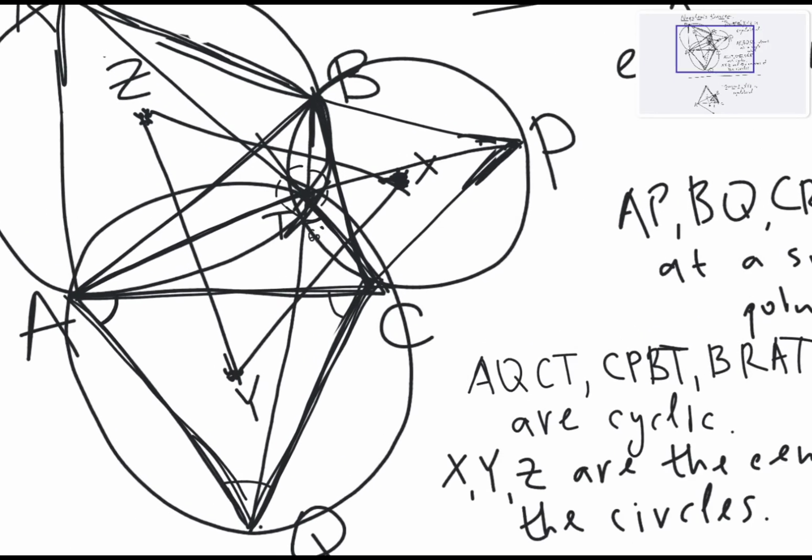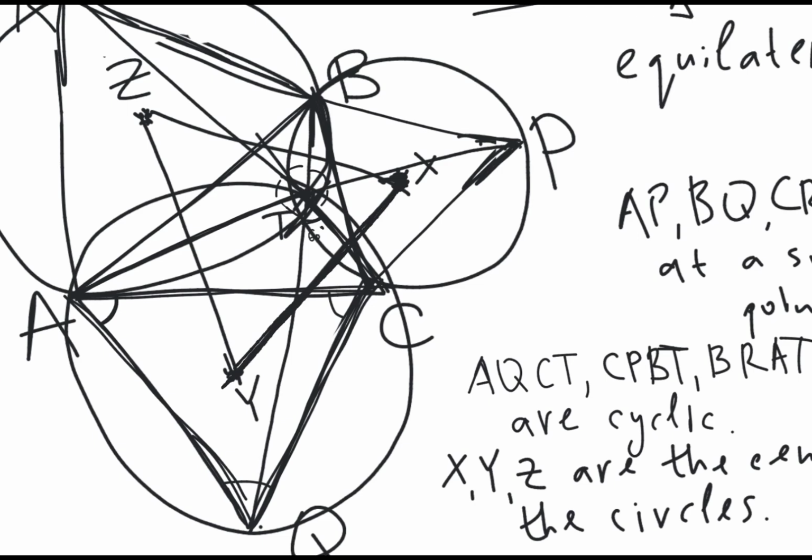Okay, and now since these are the centers, let's consider XY. XY is the line connecting the centers of these two circles, right? But TC is the line that contains the common chord of these two circles.